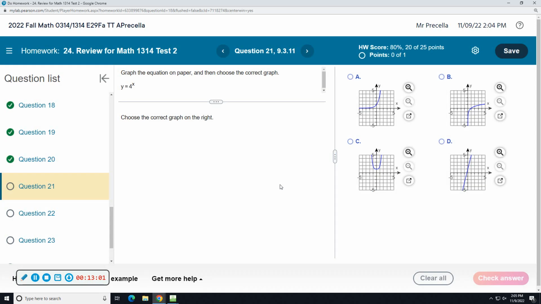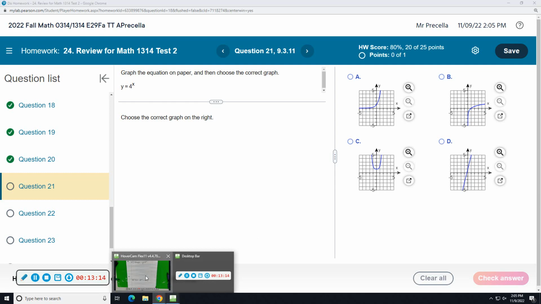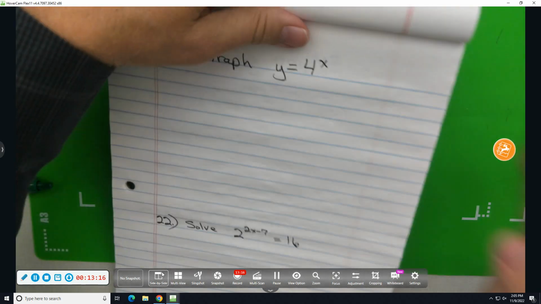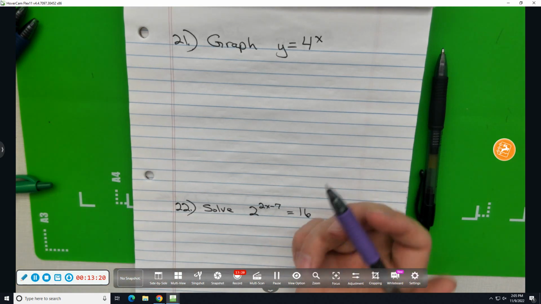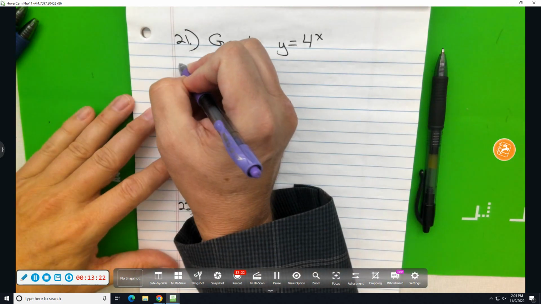Now, number 21. 21 will require some work. I want us to graph the exponential function y equals 4 to the x. So, remember what I suggested you do. To draw the graph of an exponential function, just plot some points.